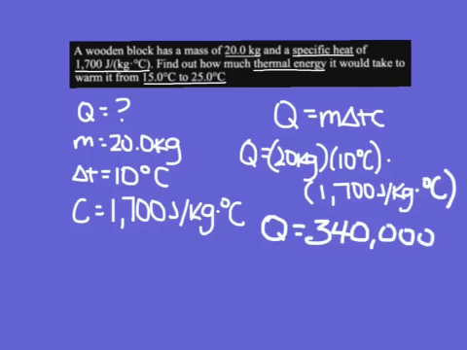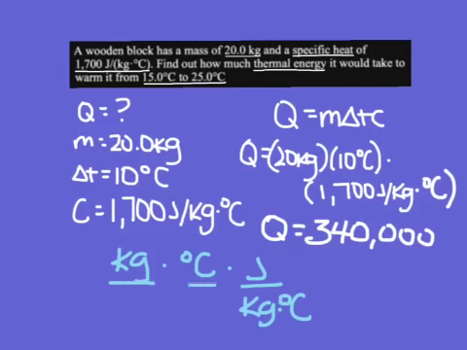And now we're going to figure out the unit, because there are so many units in here. So we'll do kg times degrees Celsius times joules per kg times degrees Celsius.